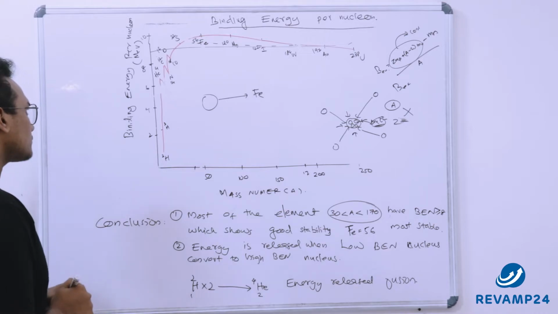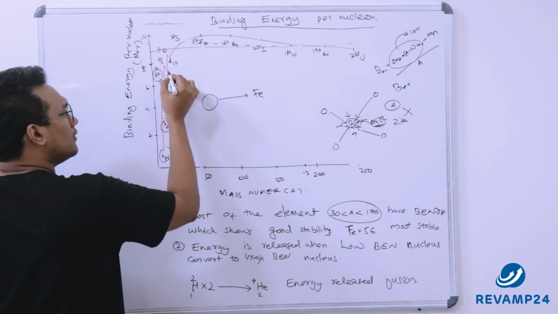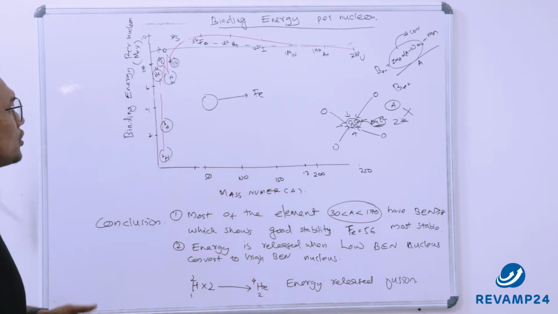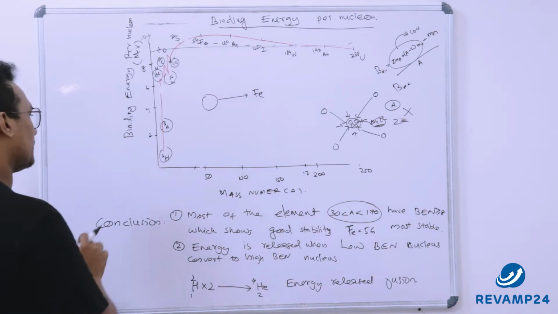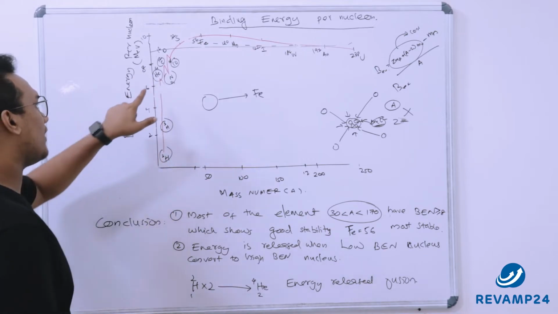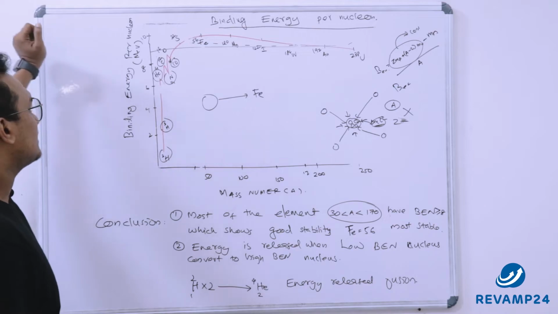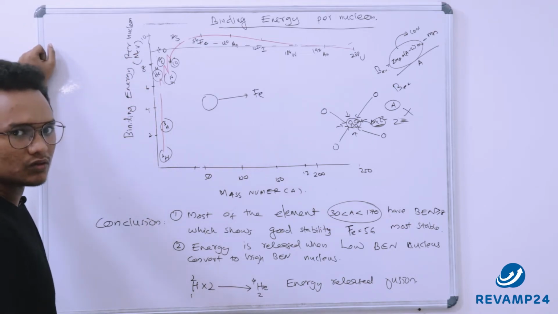Now this unstable element can go to a stable condition. How is that possible? For example, see, helium is here having a value of approximately 7.5, or above 6 mega electron volt, as binding energy per nucleon.